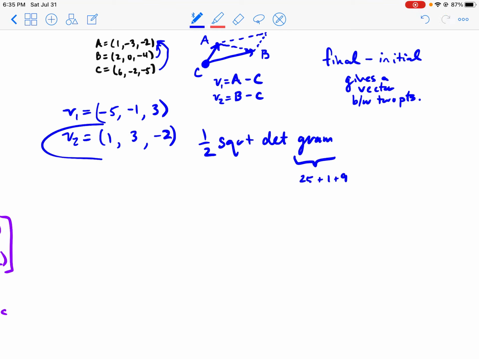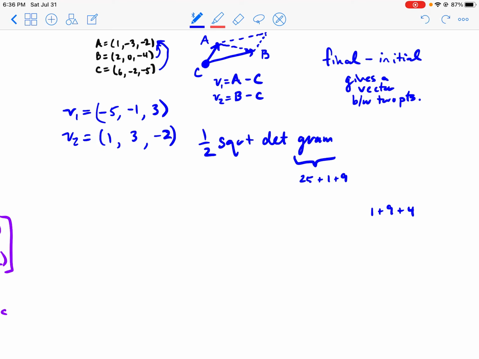The dot product of v2 with v2 is going to be 1 plus 9 plus 4. I'm summing the squares of each of its components. But now I want to take the dot product of v1 with v2. So now I'm not summing the squares, but I'm summing the products among each component.